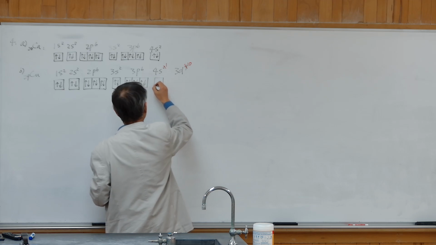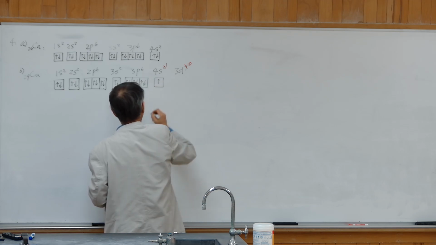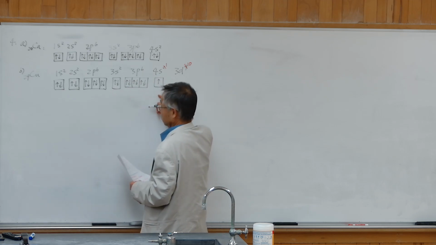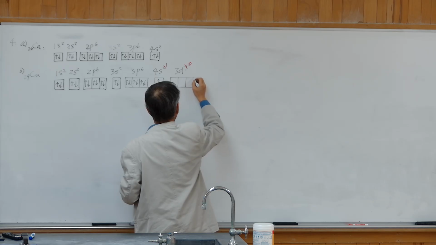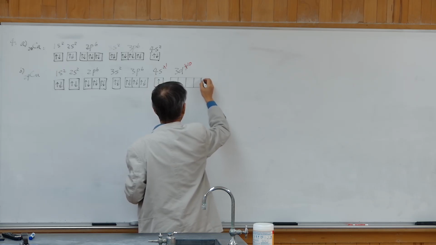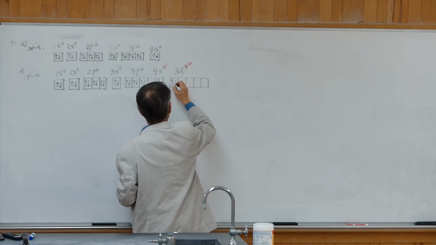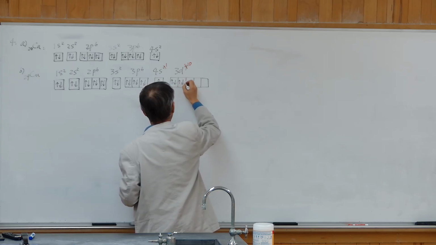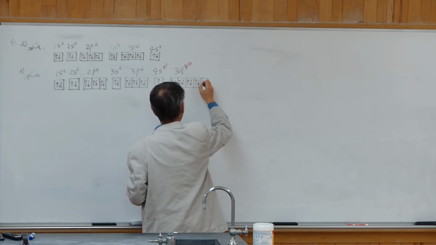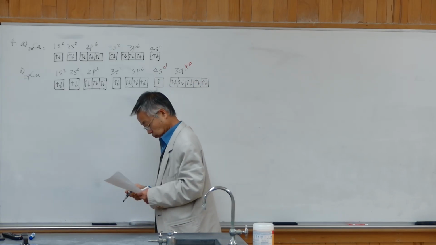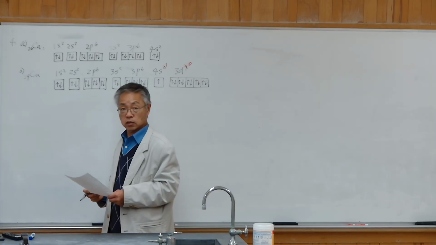4s, 1 orbital, 1 electron. Careful. 3d, 5 orbitals, 10 electrons. So place 2 electrons in each orbital in opposite spin direction. So this is copper.